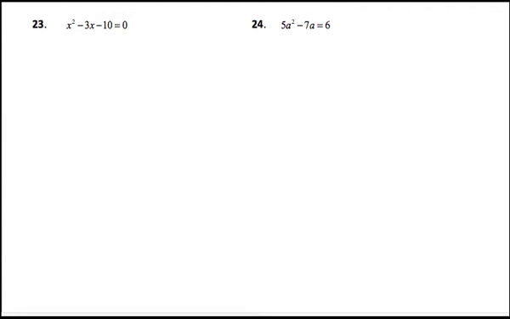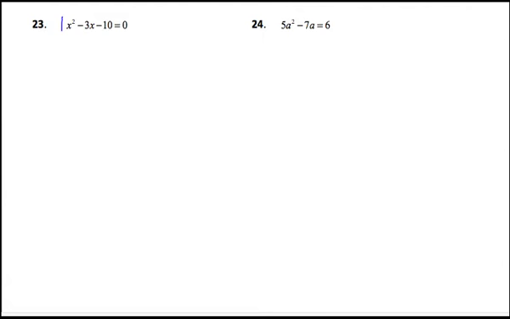In introductory algebra, when we have an equation to solve that is not a linear equation, because this problem has an exponent of 2, we have a quadratic equation, and the means that we've learned to solve a problem like this is by factoring and the zero product rule. So this is a trinomial that needs to be factored, whose coefficient in front of the x squared term is a 1.